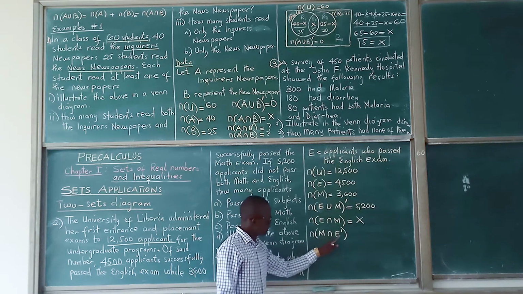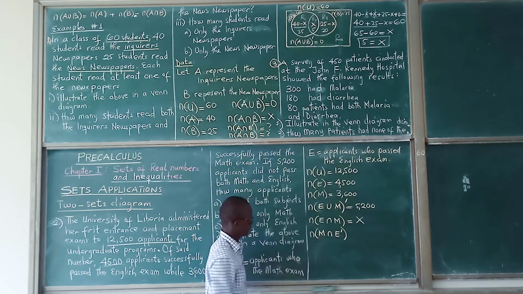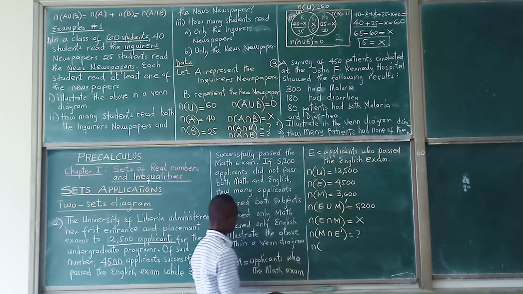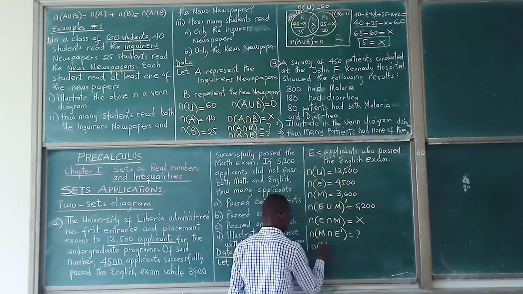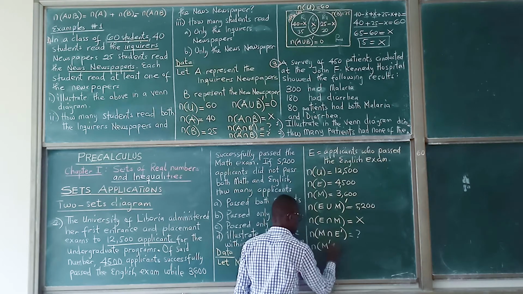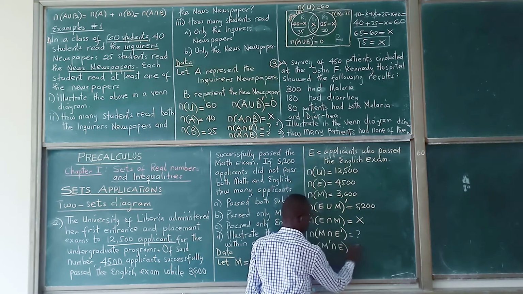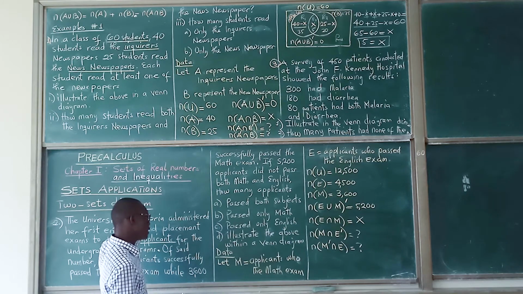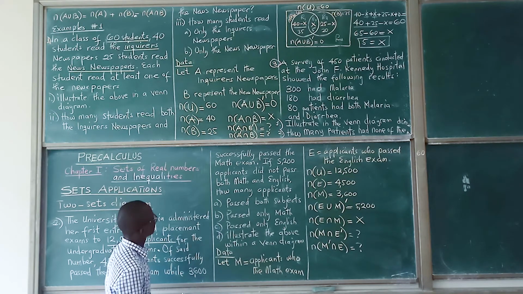It's unknown. The number of students that pass only English is math prime intersect English, equal to question mark. And we should illustrate the above in a Venn diagram.